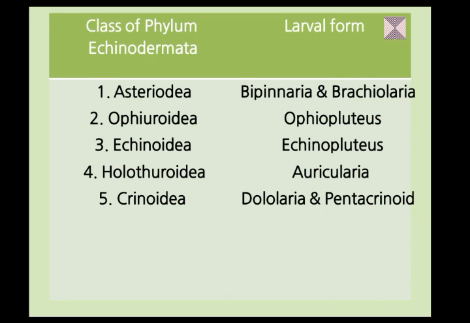In Echinoidea, we have the Echinopluteus. So these are the two types of Pluteus larva that are very important in the case of the echinoderms. If I take the class Holothuroidea, we have the Auricularia larva. And if I take Crinoidea, the last class, we have the Doliolaria and the Pentacrinoid larva.